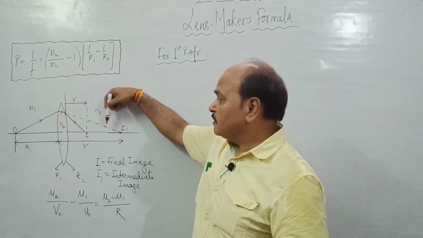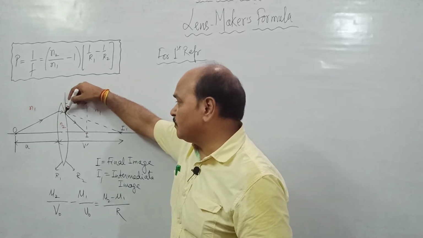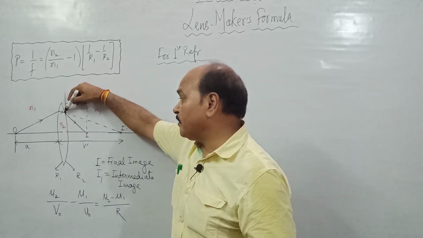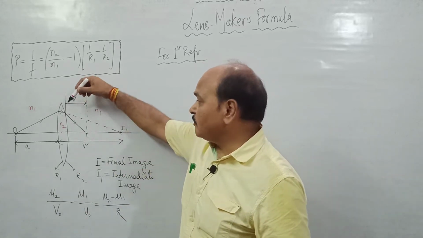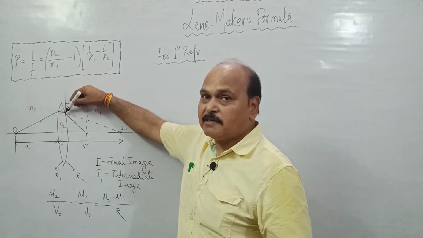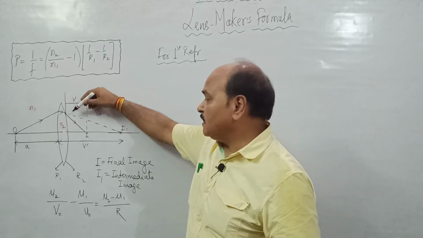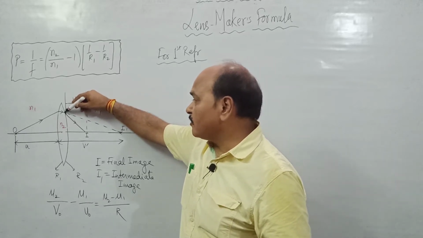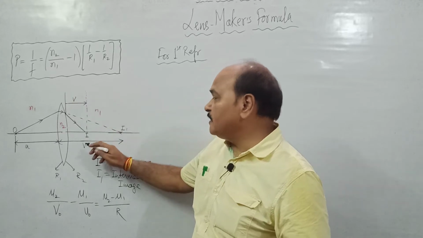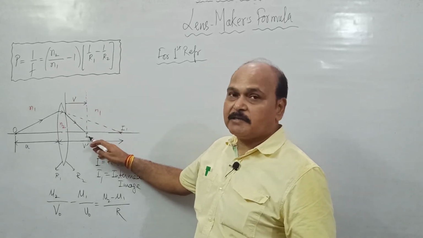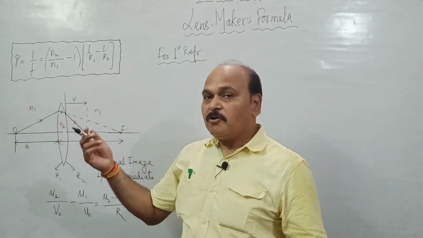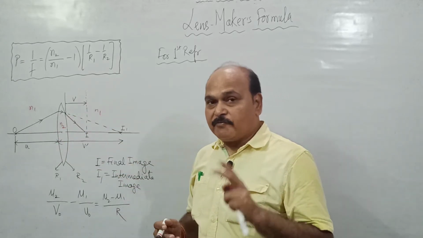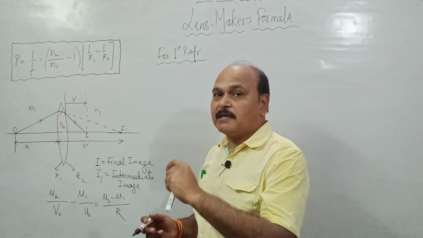No. Beyond this point there would be one more refraction. They are refracted again across the second surface and finally meet at this point I. So a ray of light moving through a lens always undergoes refraction twice, one after another.